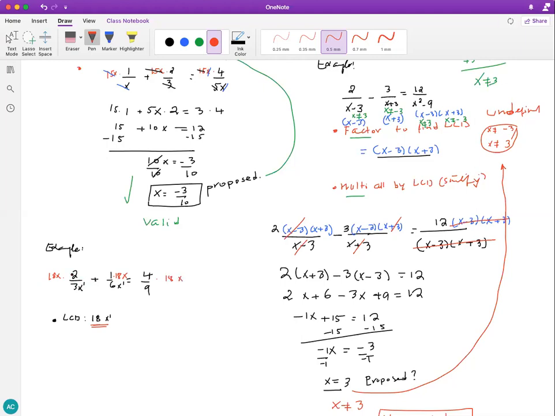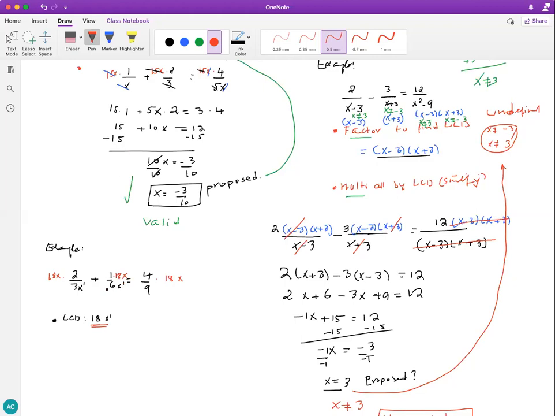And again, you don't need to multiply top and bottom to make them the same, because we want to actually cancel them since we have an equation. If this wasn't an equation, if you were just adding or subtracting rational expressions, that's when you multiply top and bottom, as we did last time, to make them all the same, then add or subtract. But we're doing the opposite now. We actually want to cancel them to solve the equation.